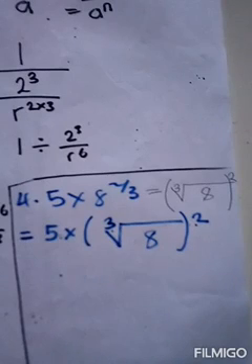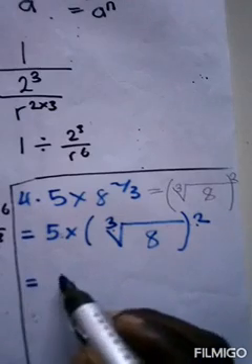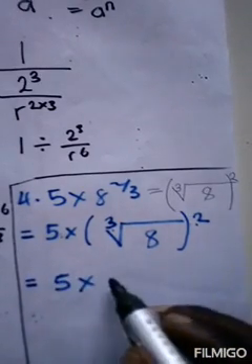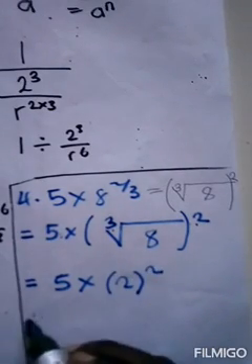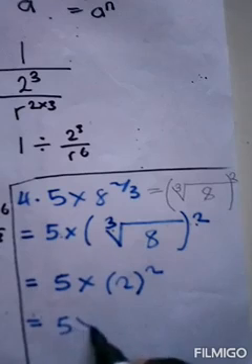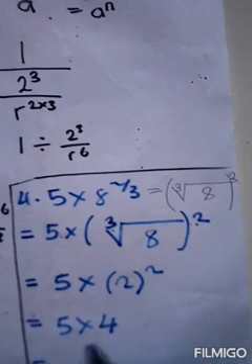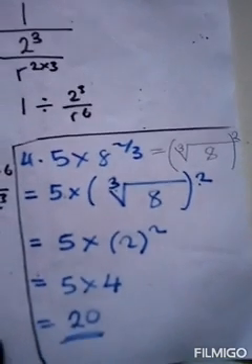You guys, we have been doing this, and you know now that it is 2. So we have 5 multiplied by 2 to power 2. What is 2 to power 2? That is 4. Then finally 5 times 4 gives you 20. Sharp, you have simplified it, simple as this. So this is how you would solve the fourth question.